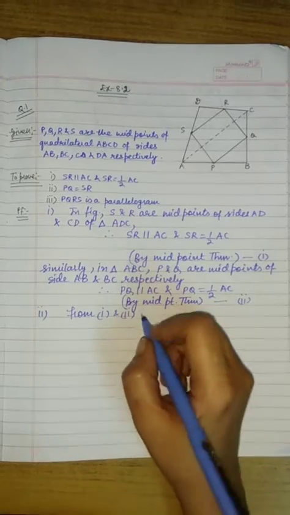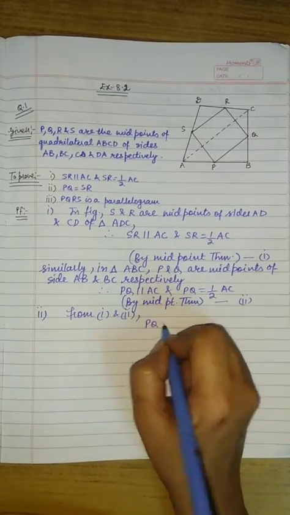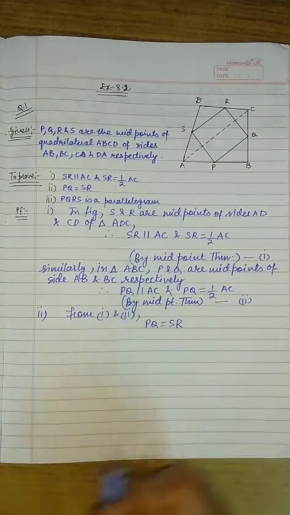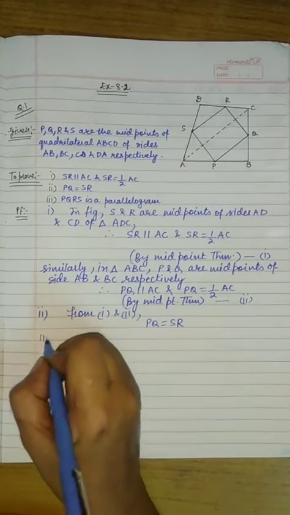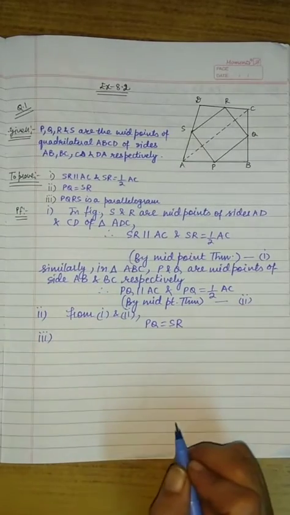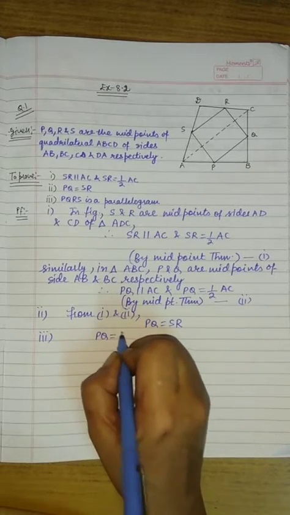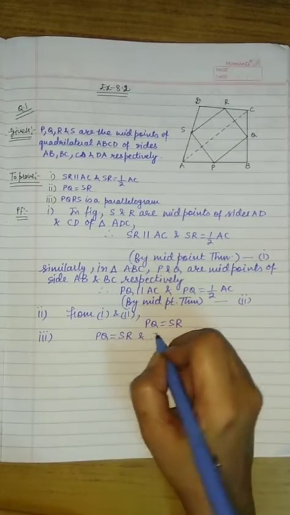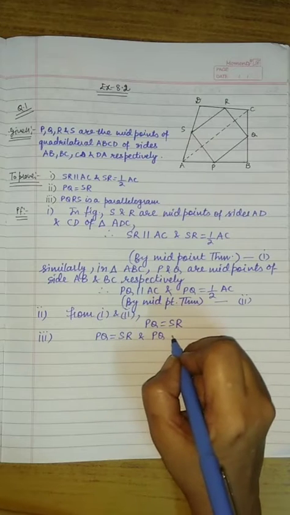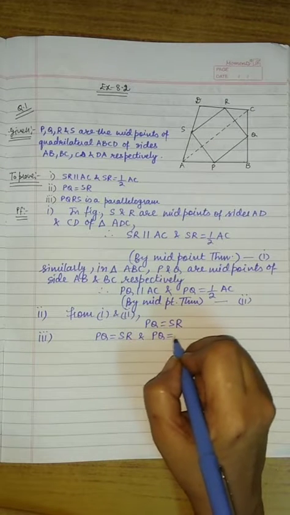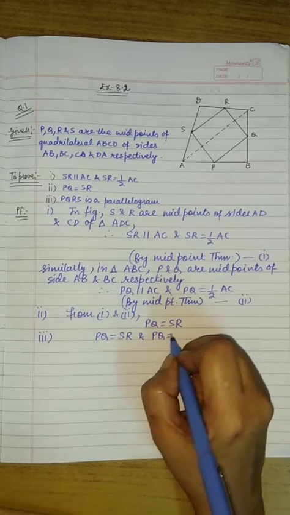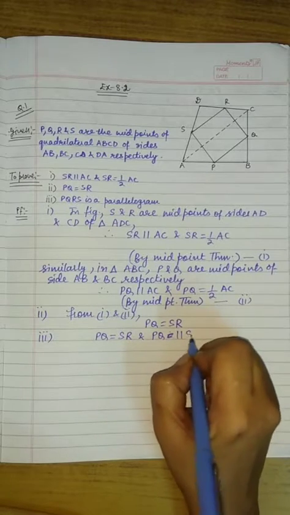So from first and second we can say PQ is equal to SR. Now third part. Now PQ is equal to SR and PQ is parallel to SR also.